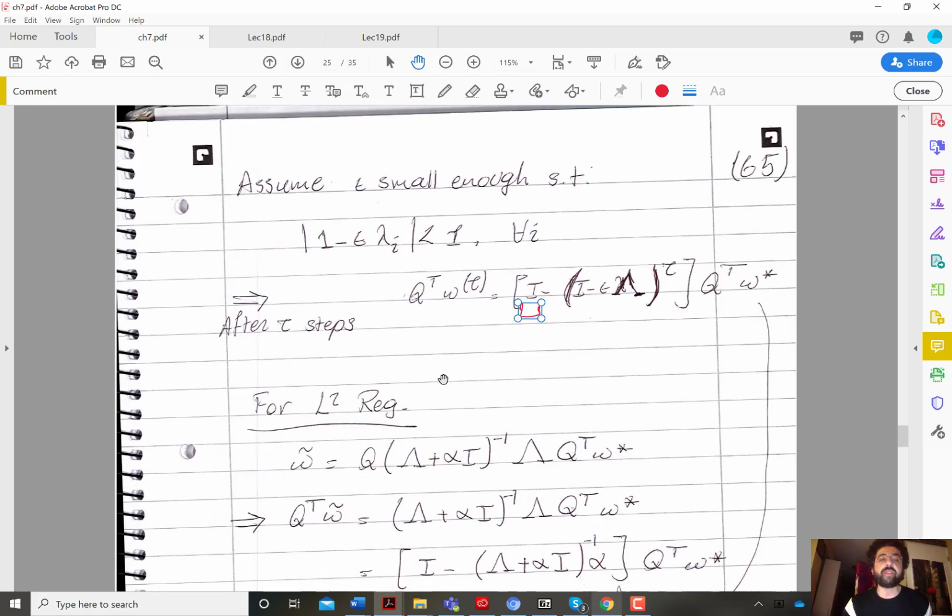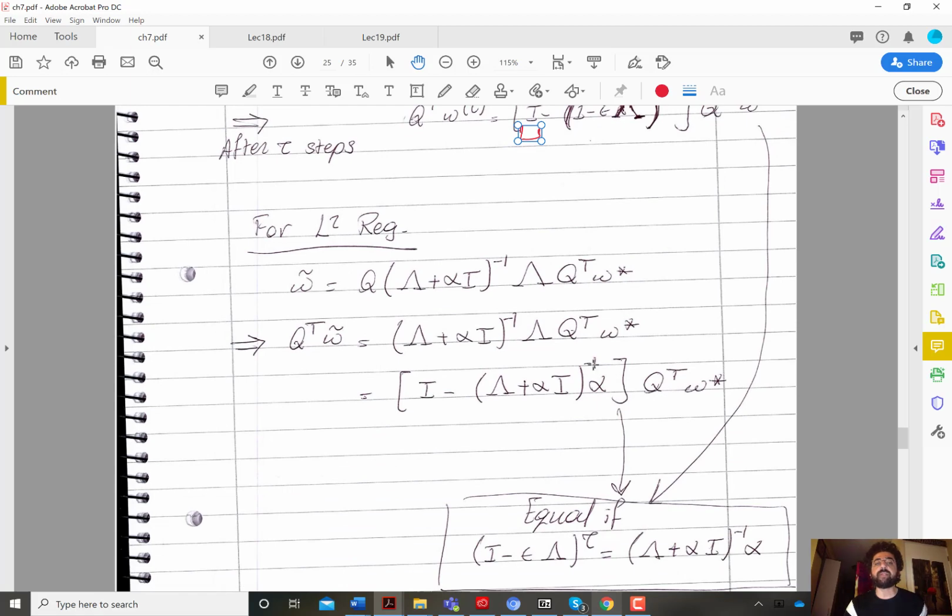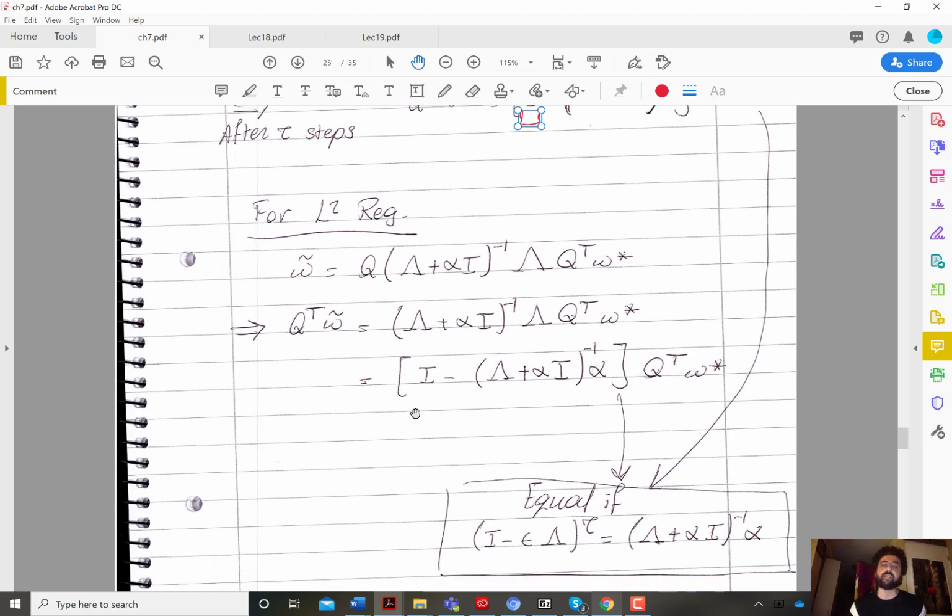Then what happens? If I compare with L2 regularization, this is from the last time we discussed this approximation with L2 regularization. Remember we said omega tilde, the solution you obtain with L2 regularization, equals Q times a scaling of Q transpose omega star: you project omega star on the orthonormal matrix of eigenvectors of H, and then you project back at the end by this Q here.